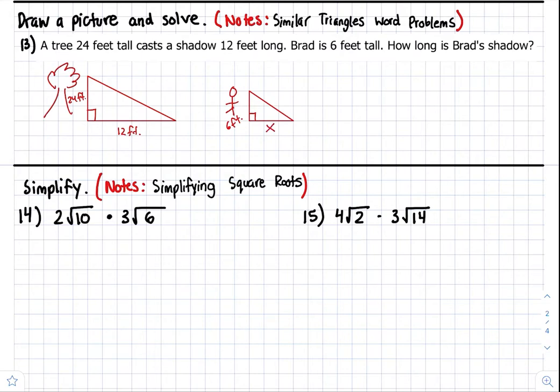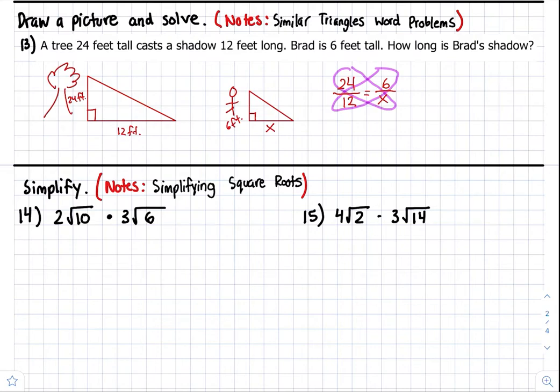Well, since these are similar triangles, you guys make a proportion. So I'm going to do the height of the tree over the tree's shadow is equal to Brad's height over Brad's shadow. You guys cross multiply.